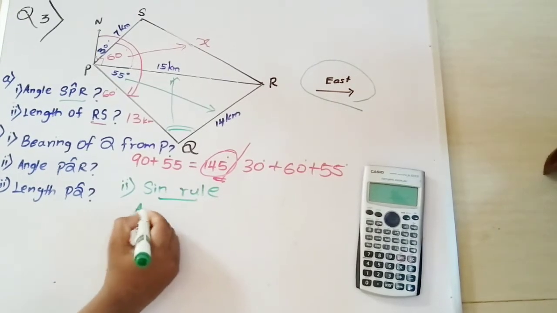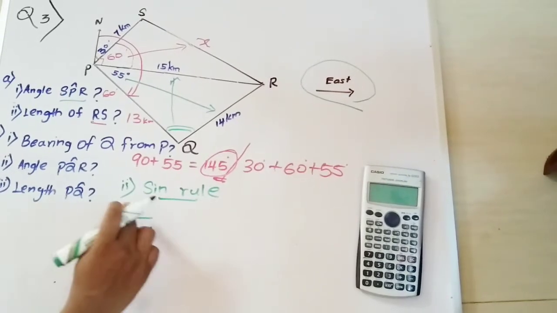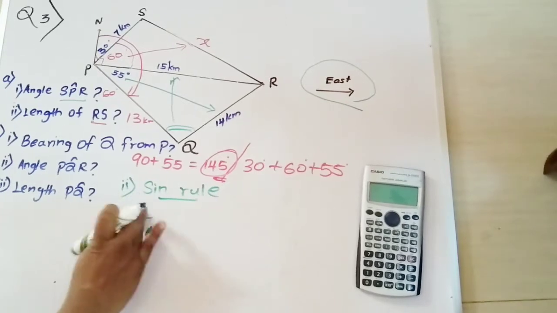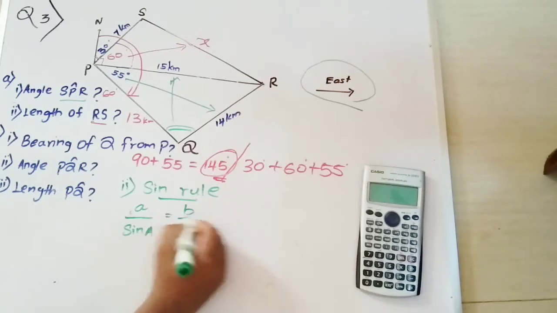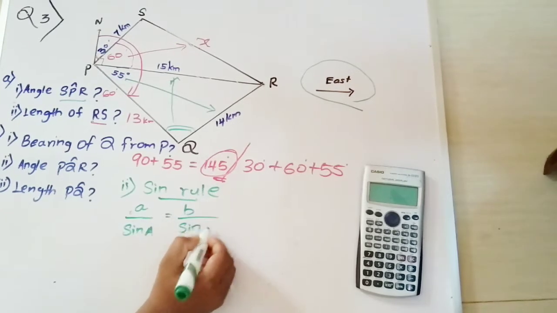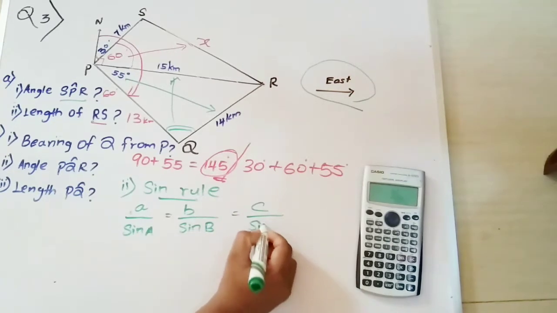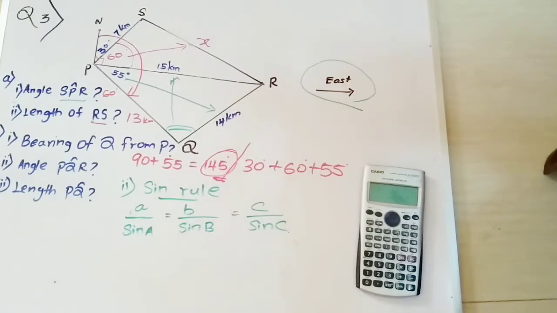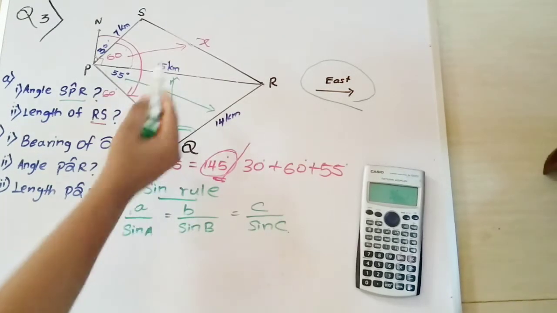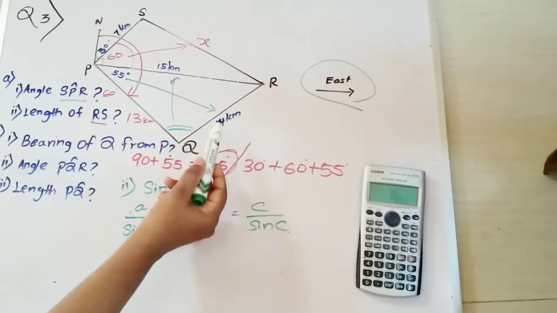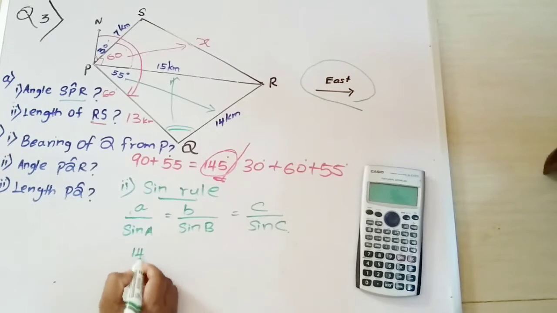What is the sine rule? a over sine A. Here the numerator a should be simple a, because we are denoting side lengths. b over sine B is equal to c over sine C. So here we have two pairs, and any of them you can apply.